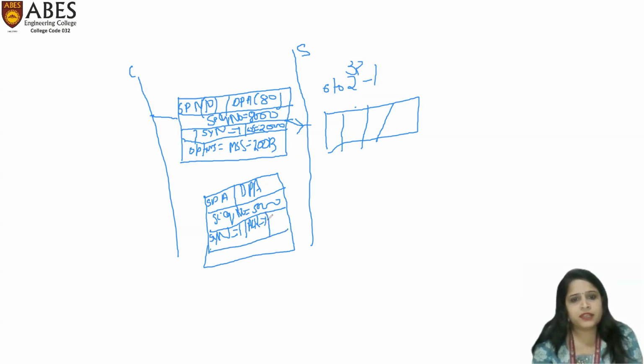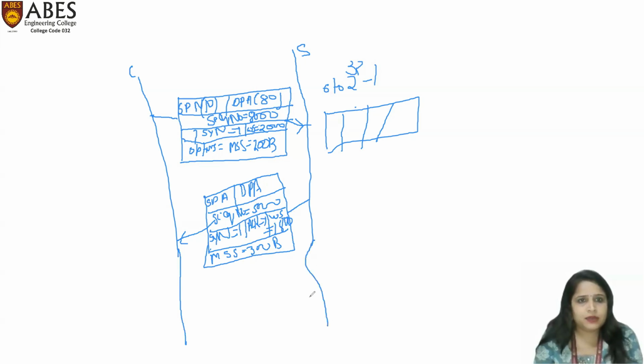The server will also send its window size, WS. For example, in that case, the window size is 1800, right? And the maximum segment size in that case is 300 bytes. So in that case, the server will send a SYN plus acknowledgement segment to the client, right?